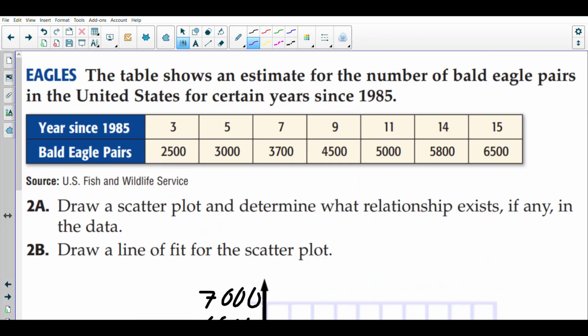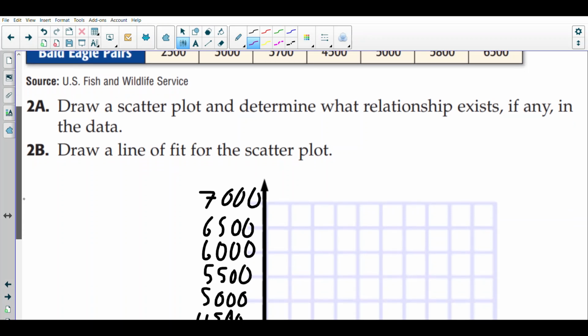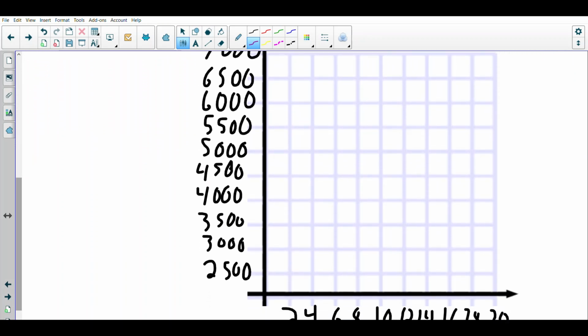All right, let's do one more. This table shows the estimate for the number of bald eagle pairs in the United States for certain years after 1985. Draw a scatter plot and then draw a line of best fit. We have 3 years after 1985 and 2,500 pairs, so 3 and 2,500.